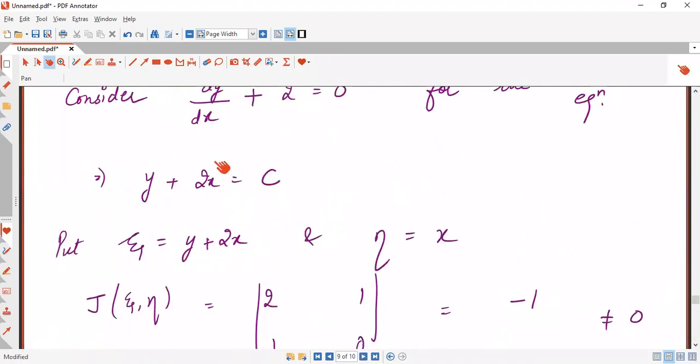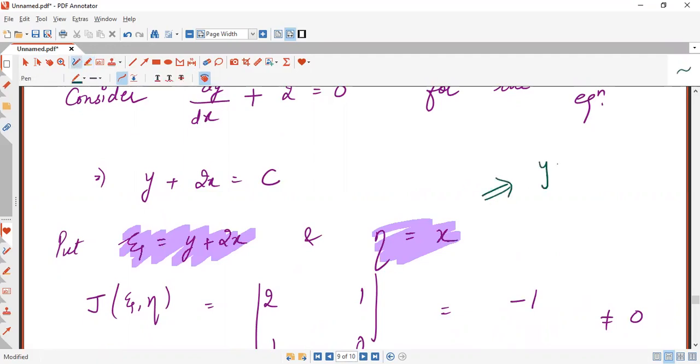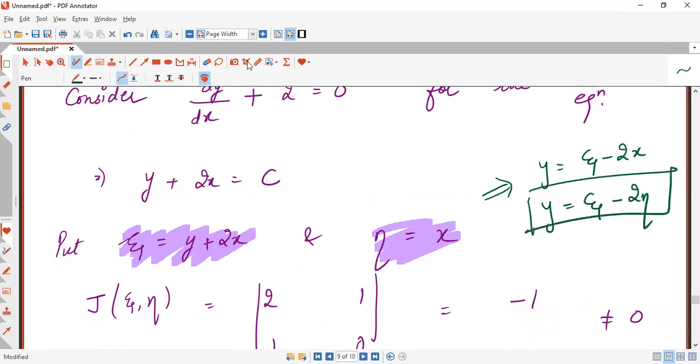Y is equal to what? If I look over here, if I had put eta equal to y, it would be very easy. I just had to substitute y as eta. But I have taken eta as x. So what I'll do is find out the value of y from here as xi minus 2x, and x I will put as eta. So y I have got as xi minus 2 eta. That's it. Solve it.